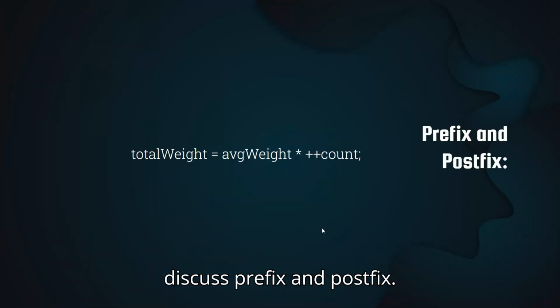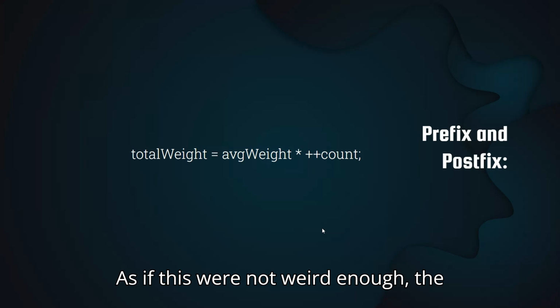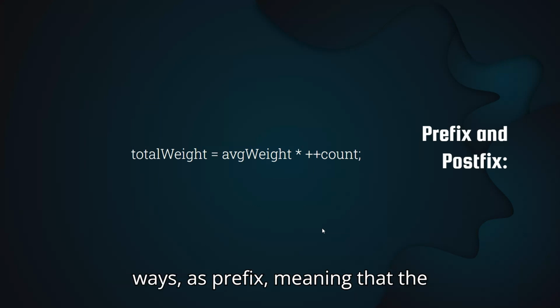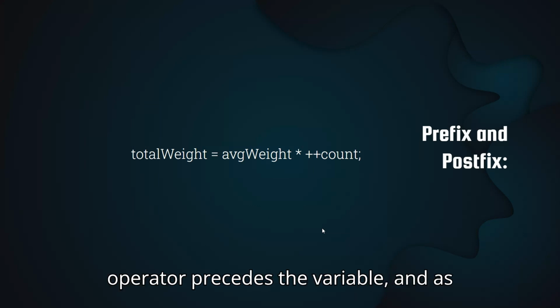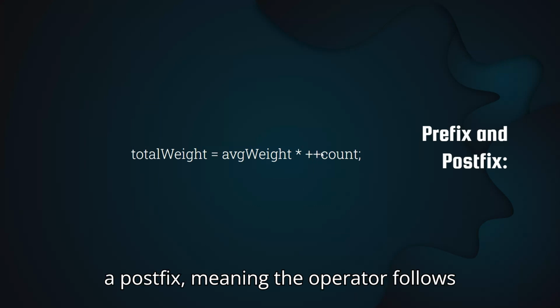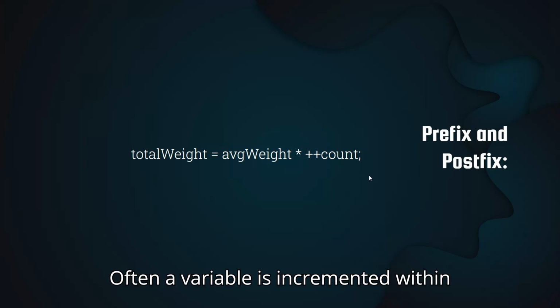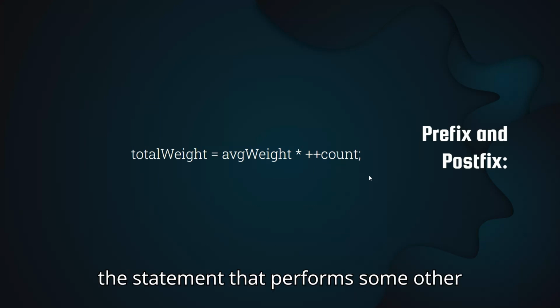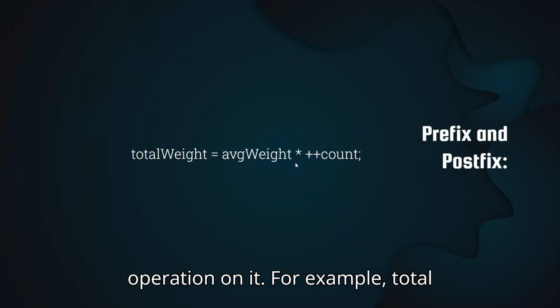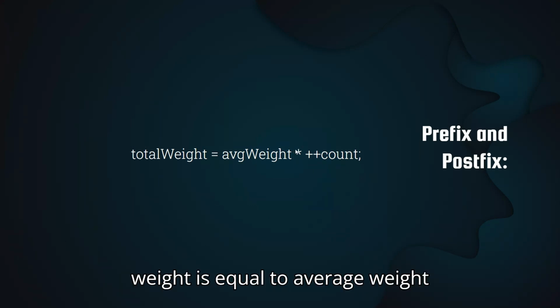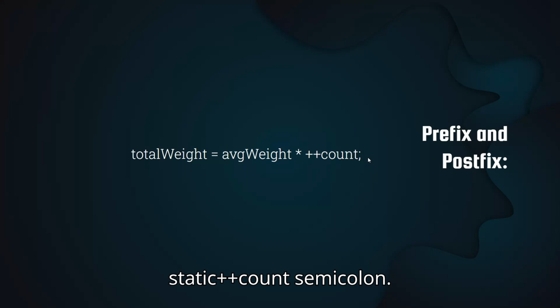Now let's discuss prefix and postfix. As if this were not weird enough, the increment operator can be used in 2 ways: as a prefix, meaning that the operator precedes the variable, and as a postfix, meaning the operator follows the variable. What's the difference? Often a variable is incremented within the statement that performs some other operation on it. For example, totalweight = avgweight * ++count;.